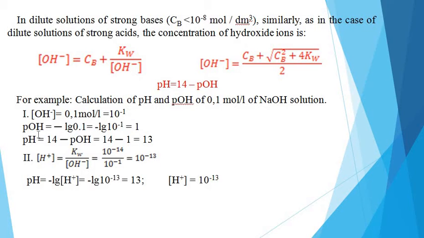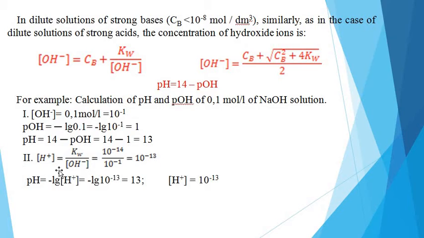And we find pOH, it's equal to the negative logarithm of the concentration of the base, and it's equal to 1. We find pH, knowing pOH, it's 13, and using the ionic product of water, it is possible to find the same values.